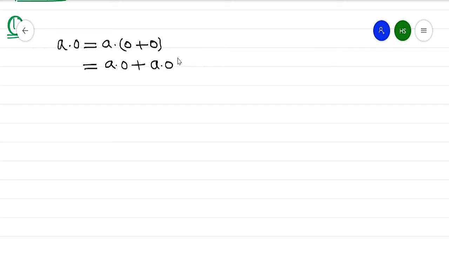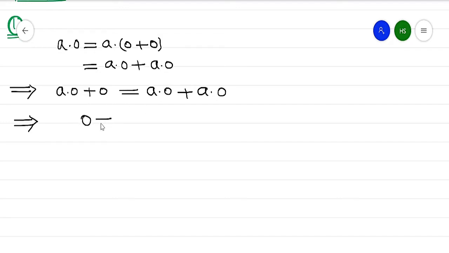Now what do we get? With the help of the additive identity, a into 0 plus 0 can be written as a into 0 plus a into 0. Since R is an additive abelian group, by the left cancellation law we get 0 is equal to a into 0.